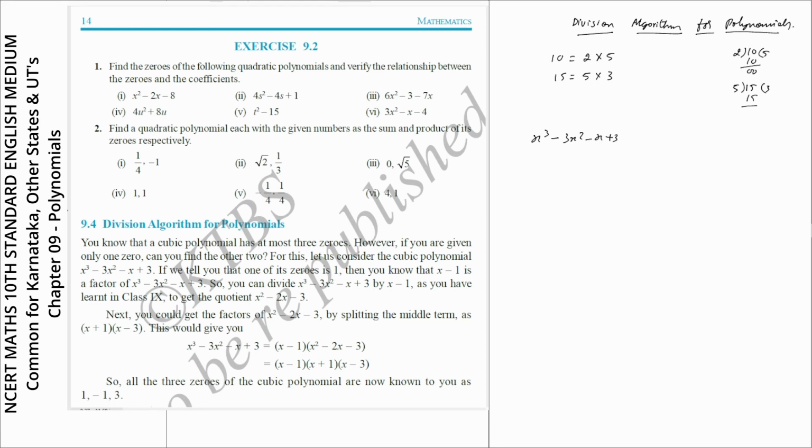So what is the degree of this polynomial? 3, because the highest power of x is 3. Okay, there will be 3 factors. Suppose I know one factor, suppose x minus 1 is one of the factors, I should find the other factors. So I can easily do it.